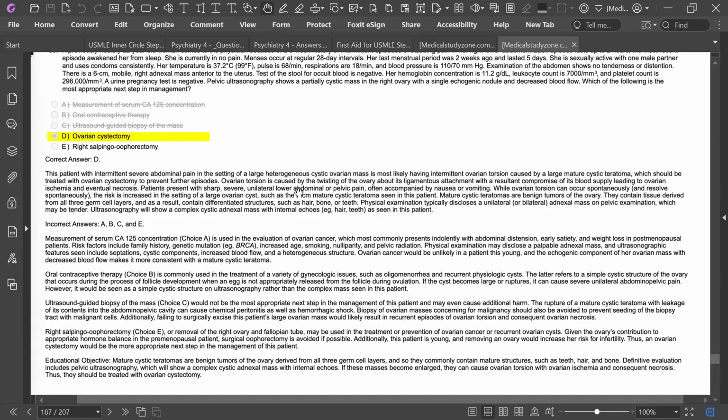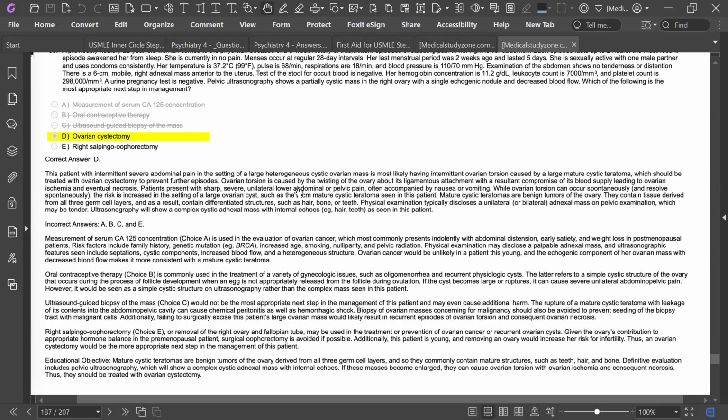Ovarian torsion is caused by twisting of the ovary about its ligamentous attachment, with a resulting compromise of its blood supply, leading to ovarian ischemia and eventual necrosis.